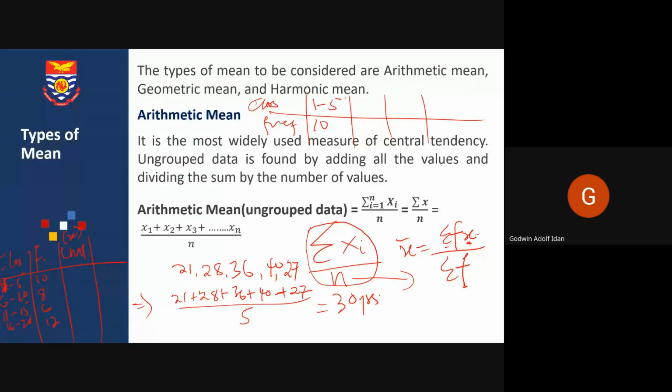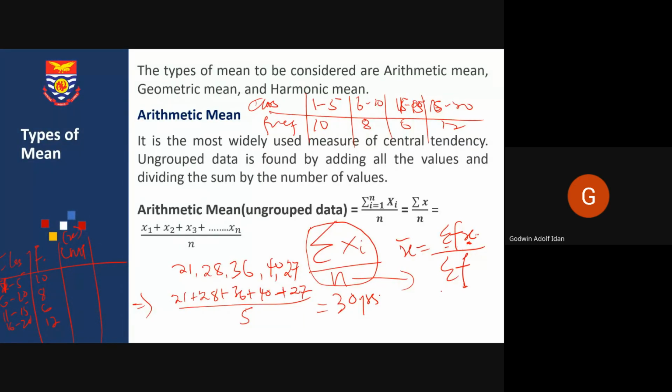We also have 6 to 10 with a frequency of 8. Then 11 to 15 with a frequency of 6. And then 16 to 20 with a frequency of 12.